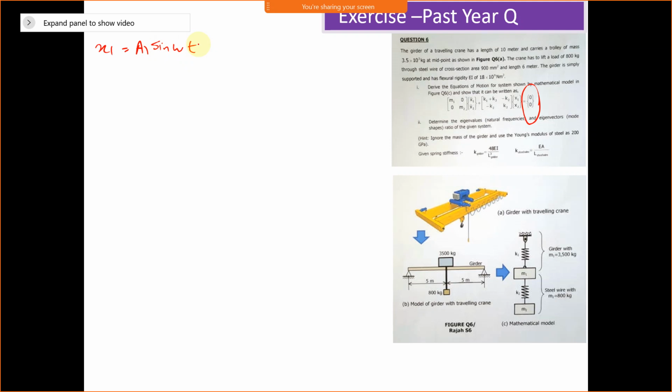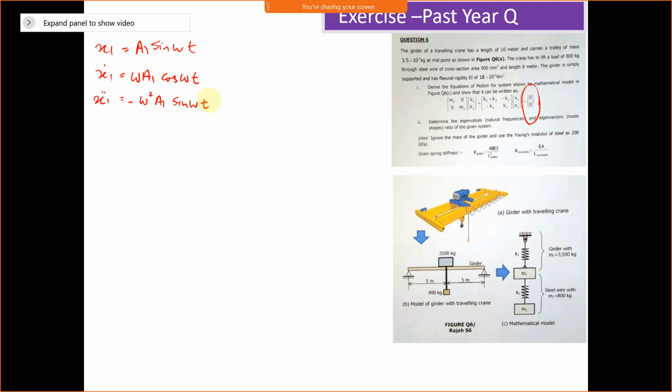Then from here we need to differentiate x1. Dia akan dapat omega A1 cos omega t, isn't it? Dan differentiate again, kita akan dapat acceleration. So of course this one will be negative omega squared A1 sin omega t.